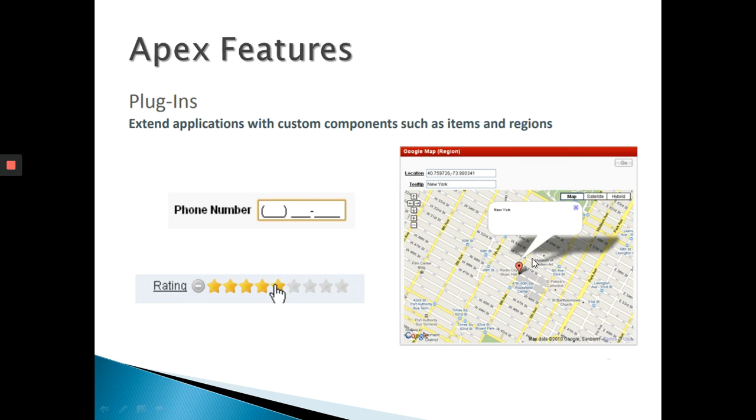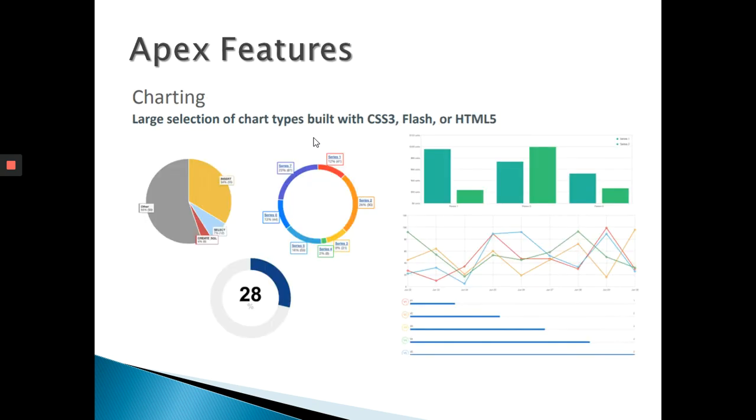Suppose you want to implement Google Maps in your application. For this functionality there is no direct component available in Oracle Apex, but you can easily find plugins on the web that help you integrate Google Maps into your application. Those types of plugins are available on various websites, so you can install them and use them in your application.